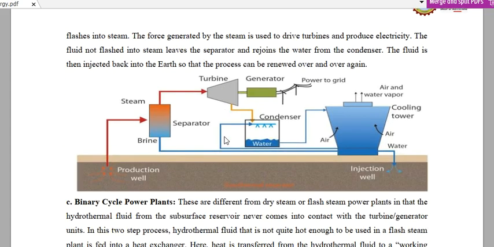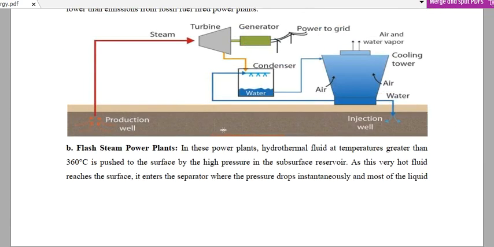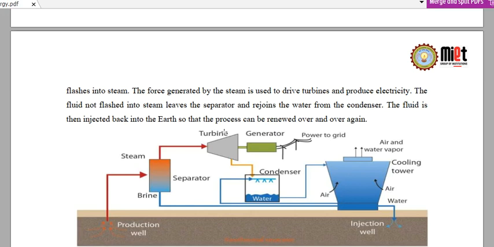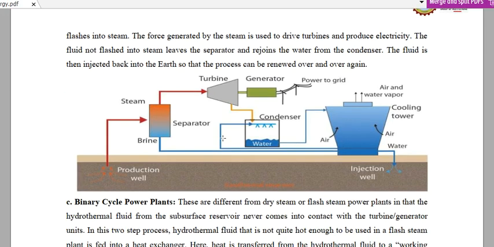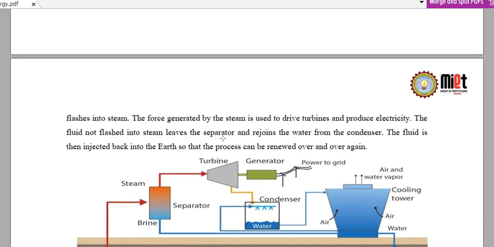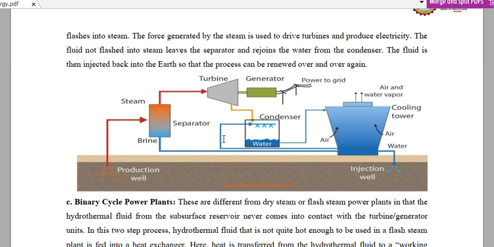So here the only difference from the dry steam plant is that the fluid that comes from the earth is in the form of very hot water at high pressure, and when it comes to the surface it flashes and gives a mixture of steam and hot water.